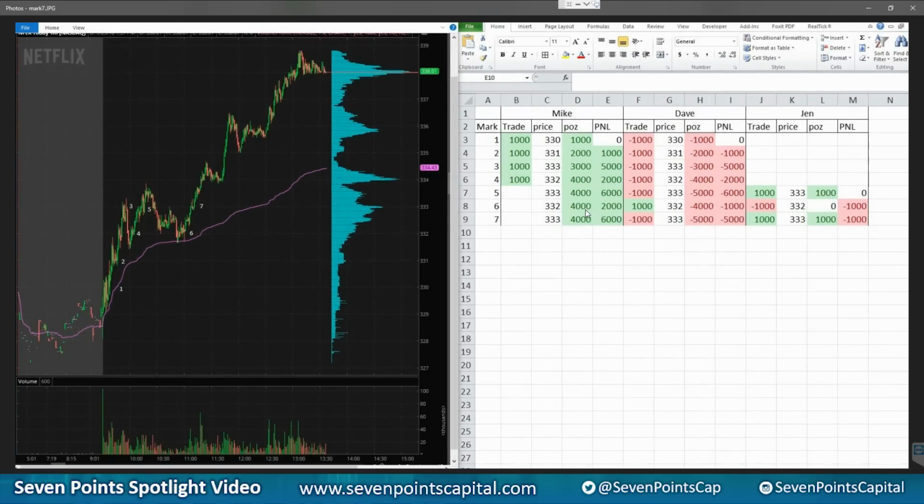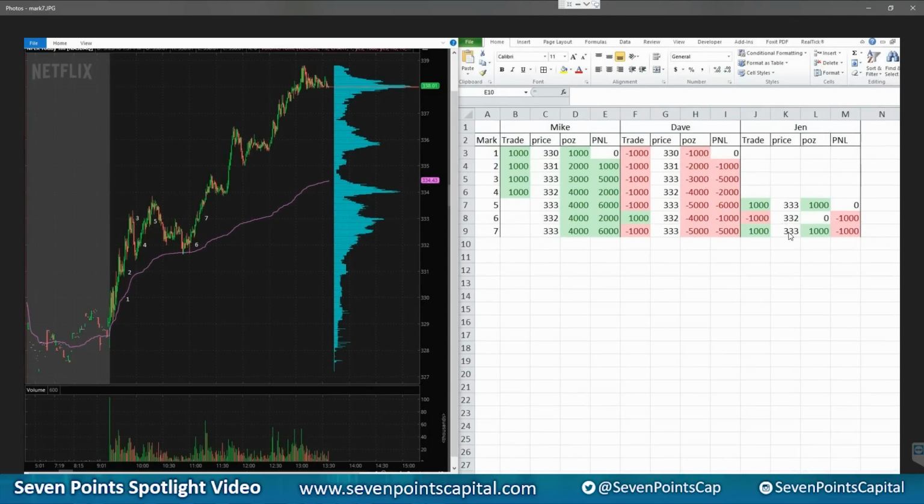Next. Then the chart moves up. Spot 7. We can see here what Jen says. You know what? It looks like it might go up again. I'm gonna try to buy again. So on mark 7, we could see that she looks to buy again. 1,000 at 333, and that's right, Dave sells it to her.